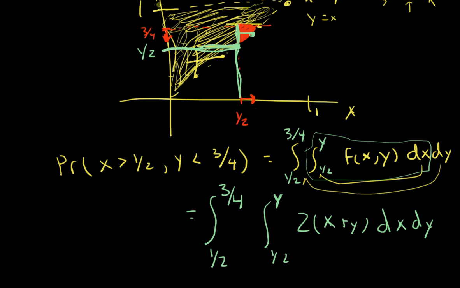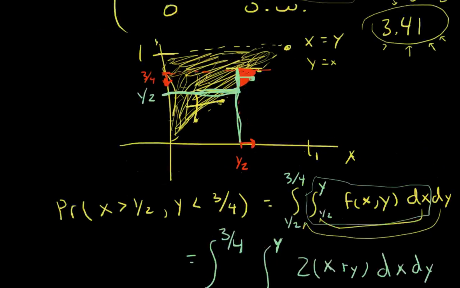Okay. Now I want to change this problem slightly to show how important it is that you have this graph. I'm going to change it really minorly right now. Instead of it being greater than, I'm going to change this to less than. And instead of it being less than, I'm going to change it to greater than.